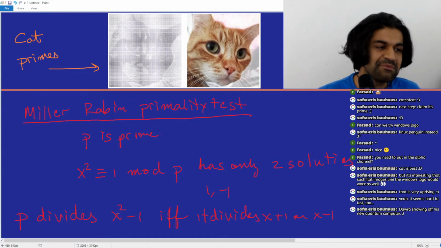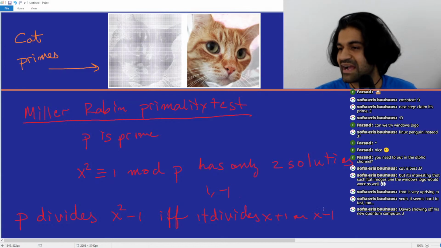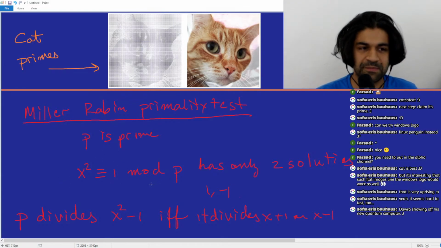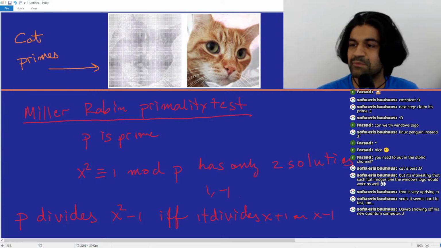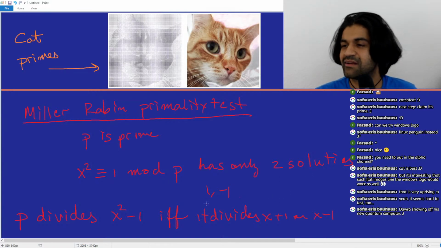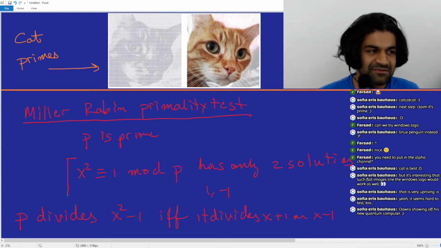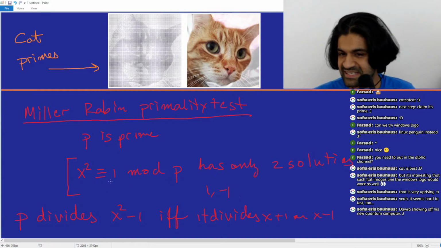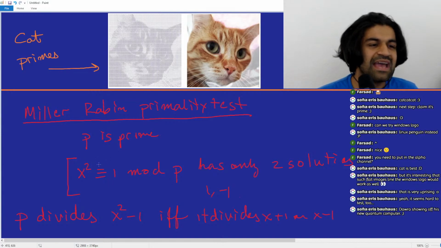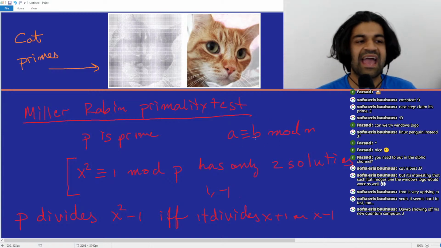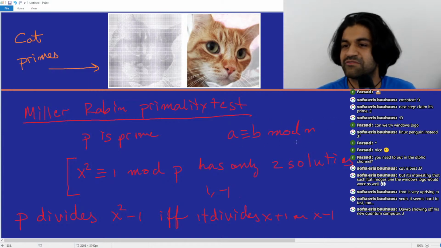If a prime divides x squared minus 1, then it has to divide x plus 1 or x minus 1. The other way to say this is that x squared being congruent to 1 mod p has only 2 solutions, namely 1 and -1. I'm probably going to lean a little more on modular arithmetic just because it's easier to write things. But just so you know, if I say a is congruent to b mod n, all I'm saying is that a and b have the same remainder when you divide them by n.